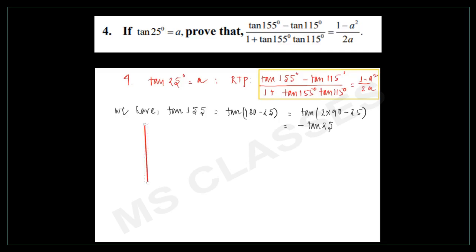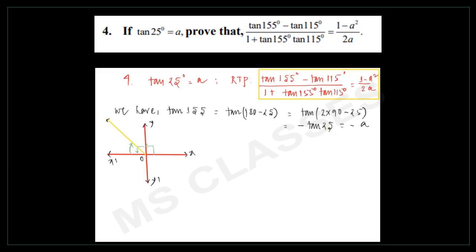You can see, this is y, this is x, this is the origin, x prime, y prime. Here this is 90, this is 180. The angle is terminating in the second quadrant. In the second quadrant tan is negative, so you put a minus: tan of minus 25, which is minus a.